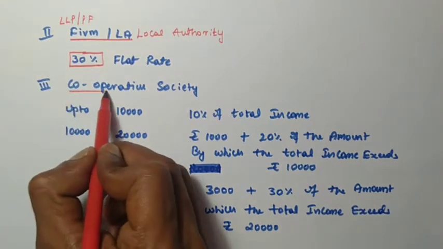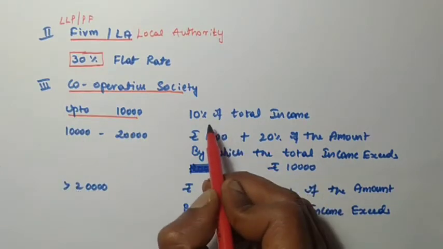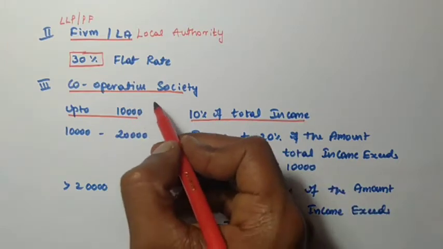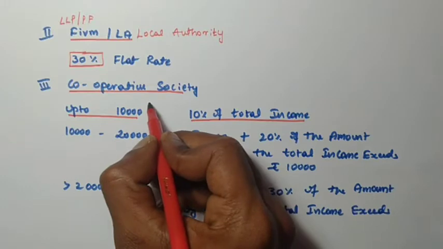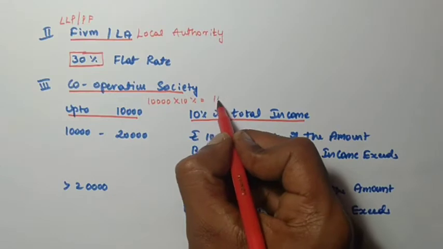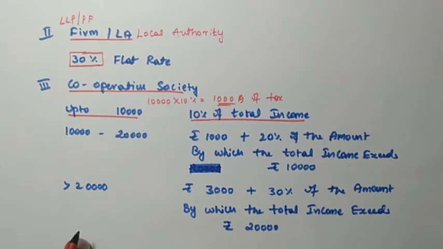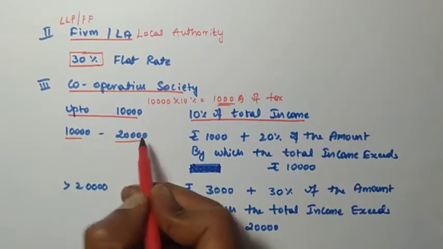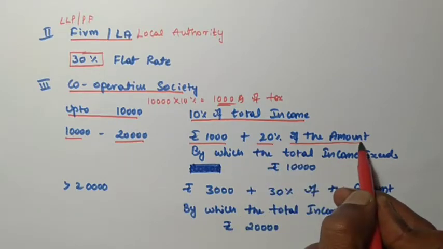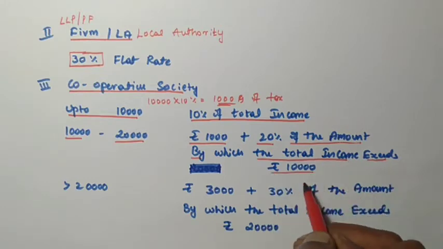Next, cooperative society. For cooperative society, up to 10,000, 10% of total income. If the cooperative society's income is 10,000 into 10% is equal to 1,000 rupees of tax. From 10,000 to 20,000, 1,000 plus 20% of the amount by which the total income exceeds rupees 10,000.